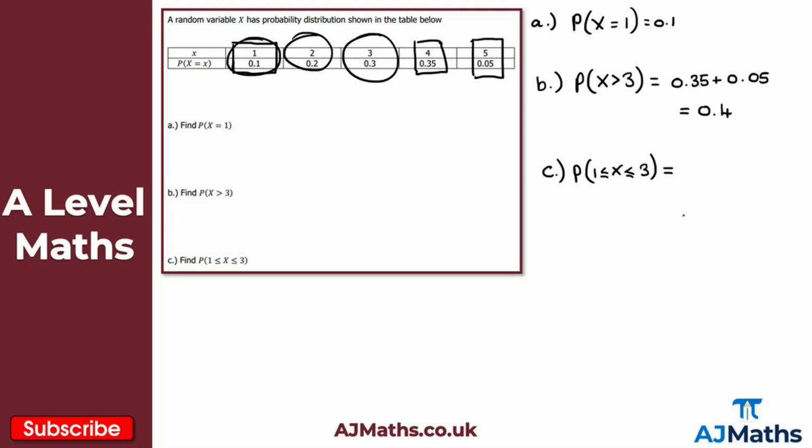So add those three probabilities together, it's going to be 0.1 plus 0.2 plus 0.3. Well, 0.1 plus 0.2 is 0.3, plus another 0.3 there, that would give me 0.6 there. Okay, in that case, our probability here of x being between 1 and 3 inclusive is 0.6. And there we have it.